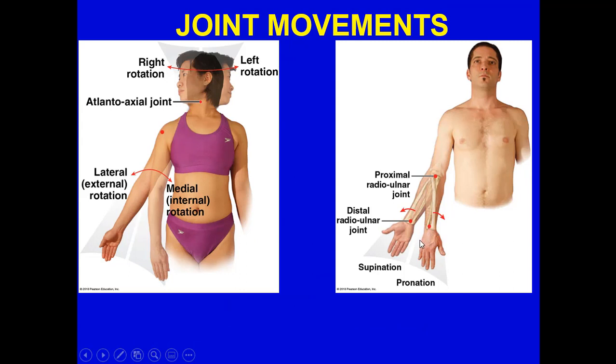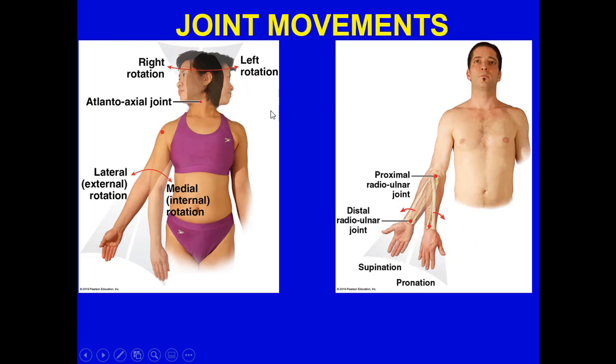Part of this is because of the participation at these two joints, the proximal radial-ulnar joint and the distal radial-ulnar joint. Supination is bringing it up so that you see the palm anteriorly. The opposite is pronation, where you see this oppositely. All right? So you're moving it to the posterior view.